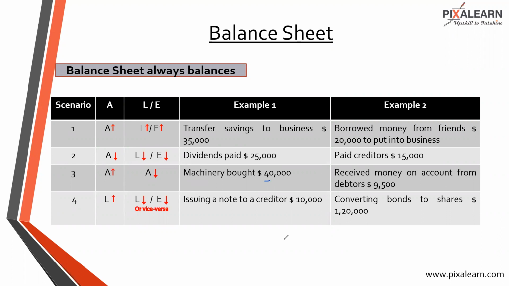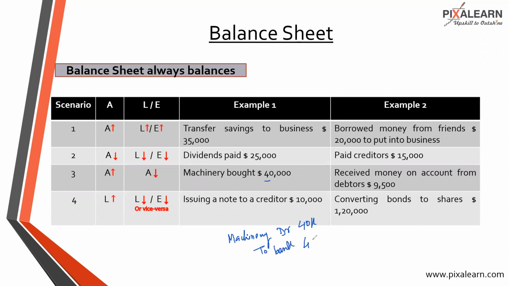In this example, let's say there was a machinery that was bought. So what happened? My machinery account gets debited. Why? Because it's a good stuff. It's a debit balance, right? So if my debit balance goes up, that means I have to further debit it. So my 40K, my machinery account gets debited. But in order to buy that machine, I need to shell out some dollars from my bank.